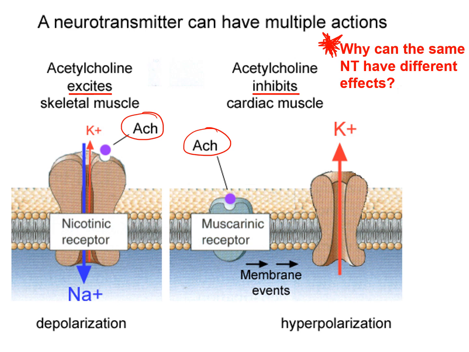Acetylcholine will excite skeletal muscle and make it contract, but acetylcholine actually inhibits cardiac muscle and makes it contract slower. So how could the same neurotransmitter cause opposite effects? To answer our question, why can the same neurotransmitter have different effects? It's because there are different receptors.